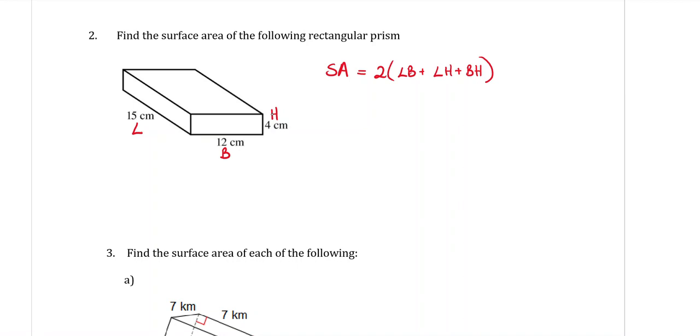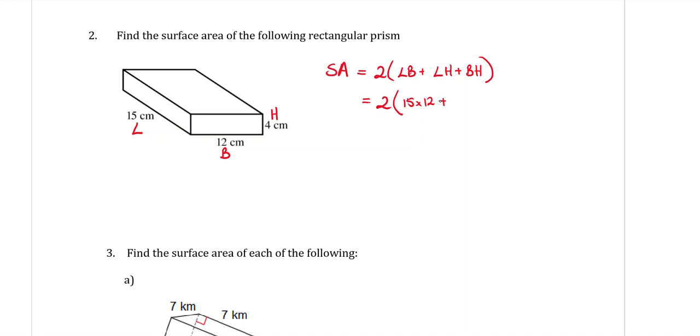Okay? So now I'm going to sub those into my formula. 2 bracket LB is, L is 15 and B is 12, isn't it? From the labels that I put on there. So it's going to be 15 times 12 plus, now I want LH. L is 15, H is 4.